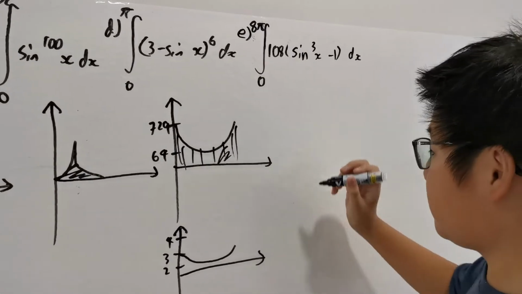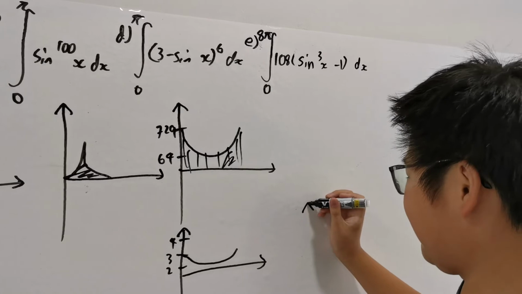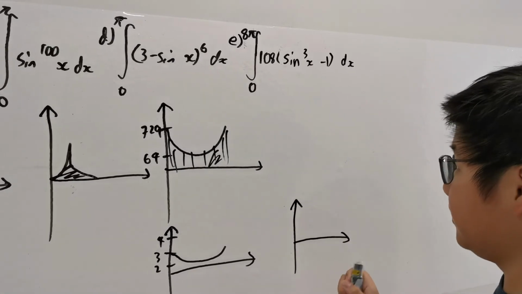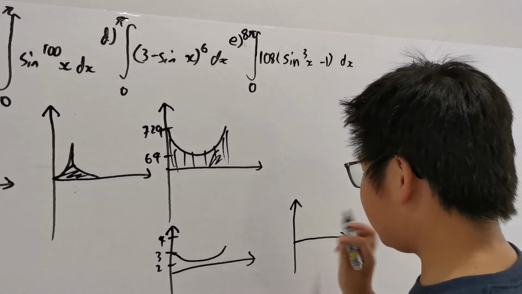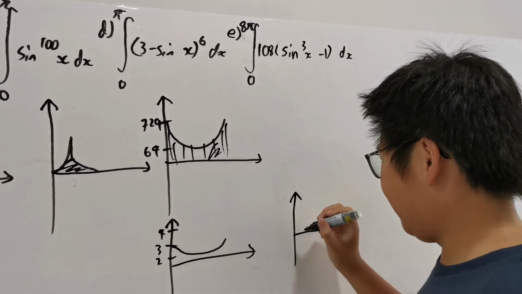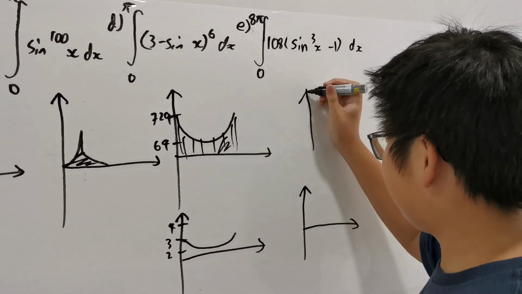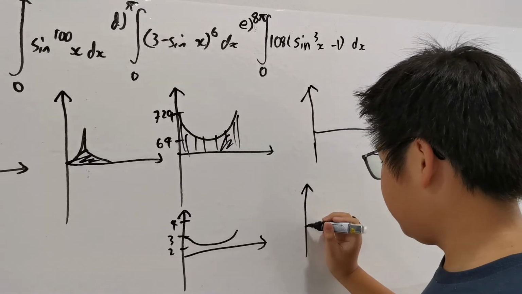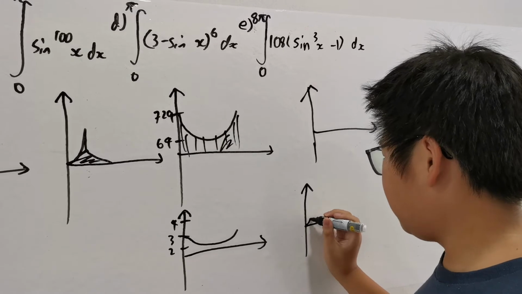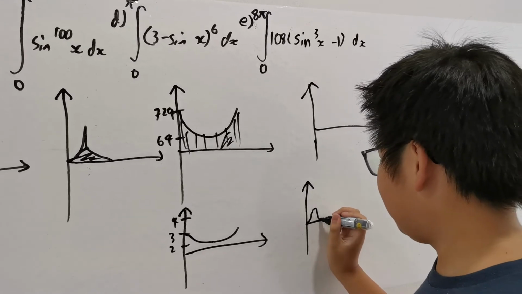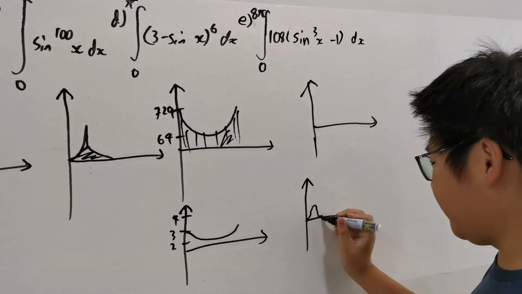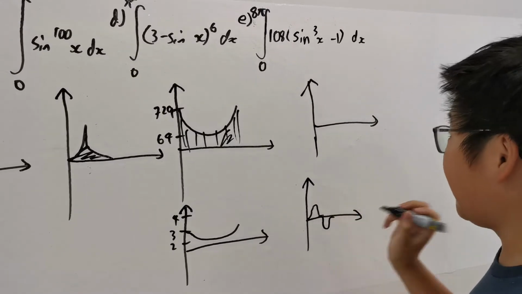Now how about E? 108 sine cube x minus 1. So what is sine cube x minus 1? Let's draw it here. Sine cube x looks like... So let's draw sine cube x here. It looks something like this. And it's only from 0 to pi, so that means we are repeating this little figure 8 times.